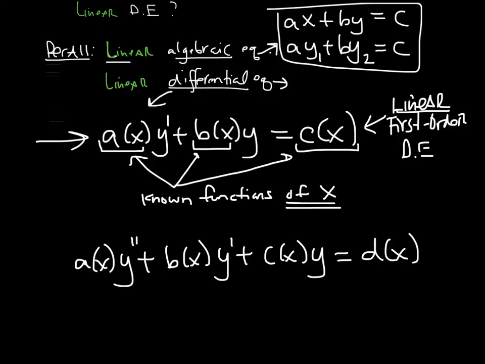Again, these are known functions of x, and it's linear, with this nice form. We can do it with a triple derivative and so forth, but we're going to be working with the linear first order differential equation.